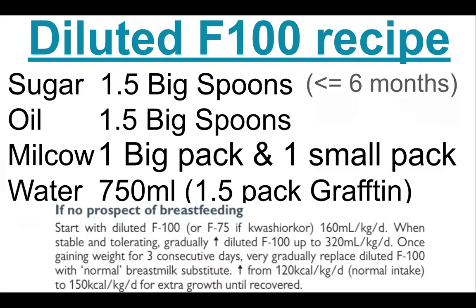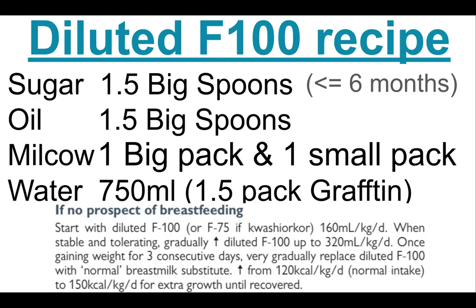However, for patients who are younger than or equal to 6 months, because they cannot tolerate F75 and F100, we can use a recipe called diluted F100.